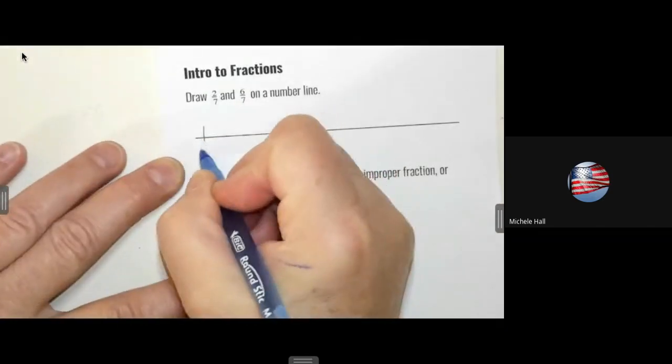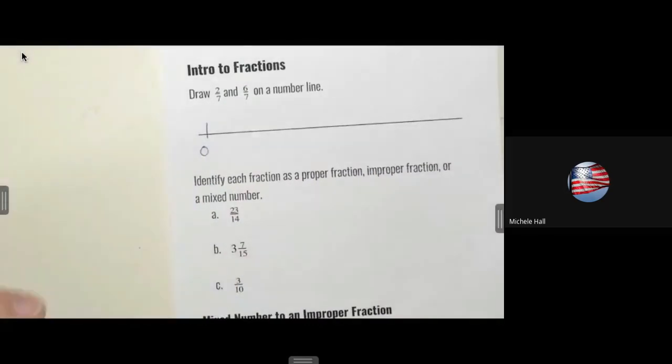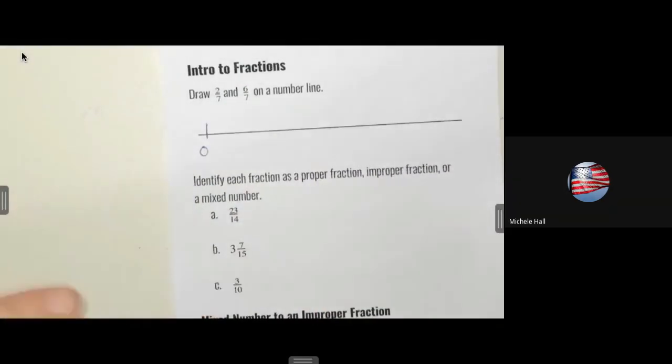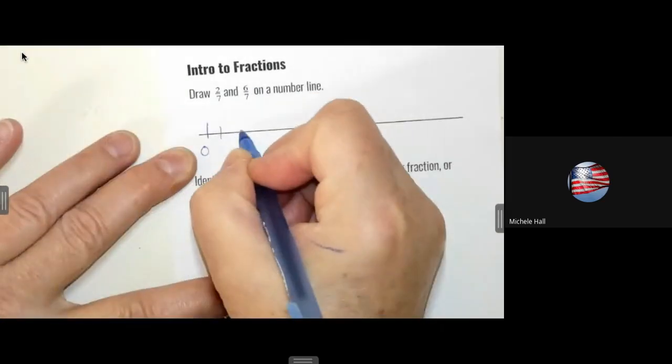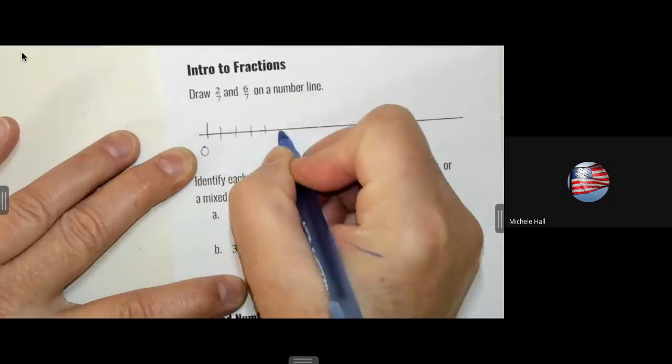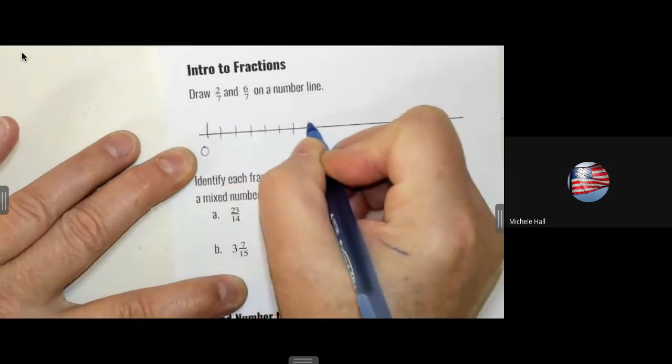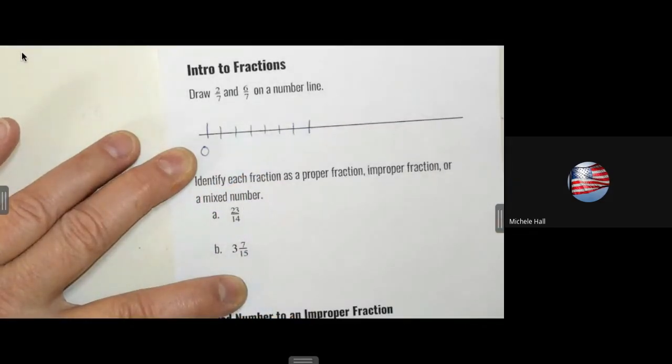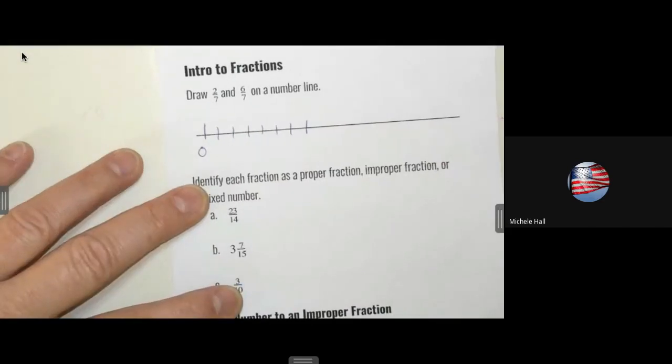So we're at 0, and between 0 and 1, how many pieces do I want to break it up into? I need 7. It's in 7ths, right? So 1/7, 2/7, 3/7, 4/7, 5/7, 6/7, and 7/7.